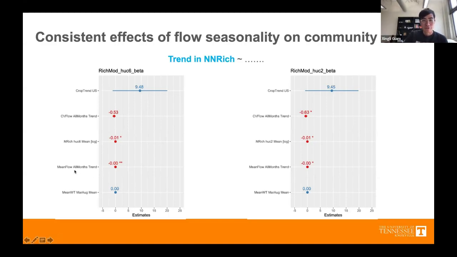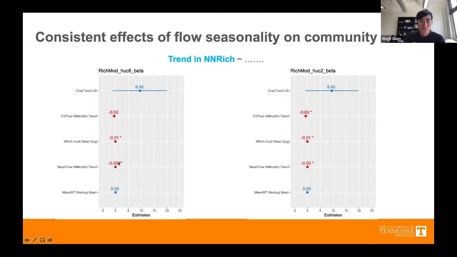Here it's trying to say that at streams where the mean flow is decreasing through the years, more non-native species come in. So the trend in non-native species richness is increasing when flow is decreasing, all right?